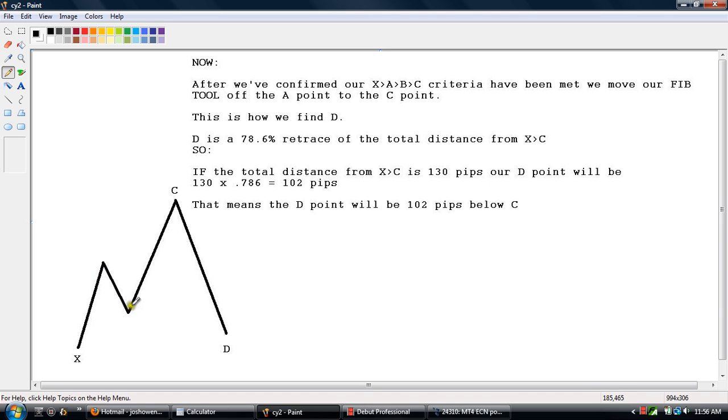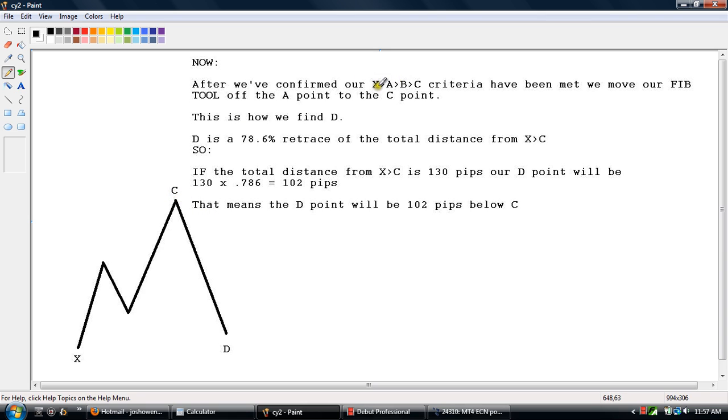Okay, and this is still a bullish setup. Everything remains the same in the example. And the way you know it's a bullish setup is the A and the B and the C are all above the X. Okay, so now we're talking about our entries.